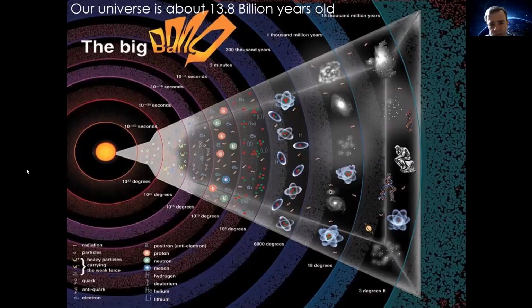Over time, different stages appeared and different types of particles were produced. First, there were quarks, and then nucleons like protons and neutrons. Through various mechanisms, nuclei started to be formed, the heavier systems, first deuterons, and then helium and tritons, etc. These are all heavier elements that were created.